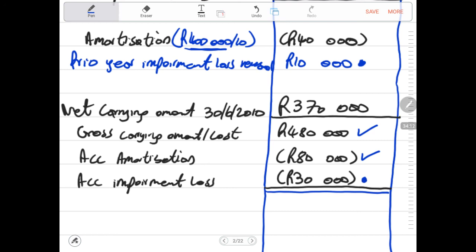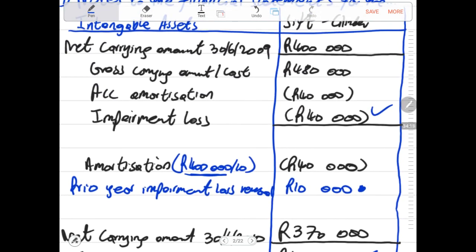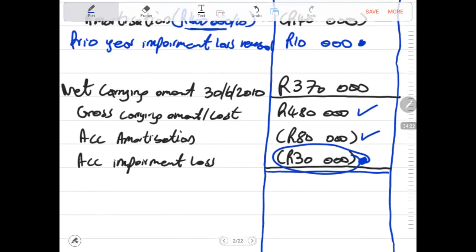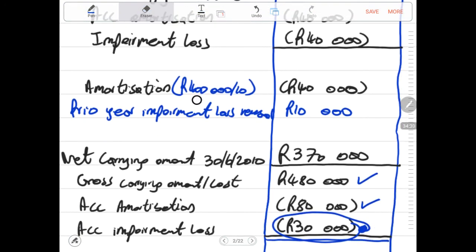And the minute you see this figure, which is this 30,000, is less than the previous impairment loss, then you know that there must have been a reversal, which is the difference between the 40,000 rands and the 30,000 rands. That means the reversal becomes an amount of 10,000 rands. So this is how you can work yourself around this question.